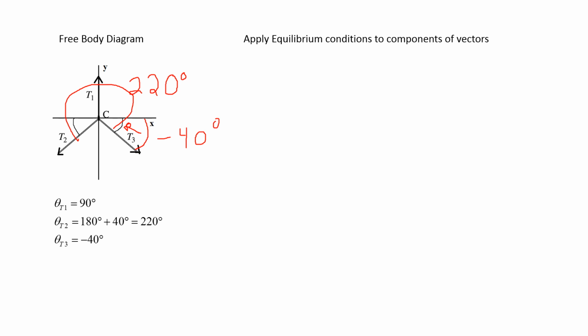So T1 cosine 90 plus T2 cosine 220 plus T3 times cosine of negative 40. And similarly for the y components, we have 0 is equal to T1 sine 90 plus T2 sine 220 plus T3 sine negative 40.